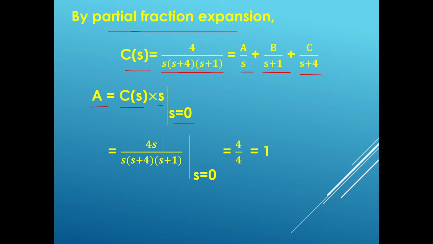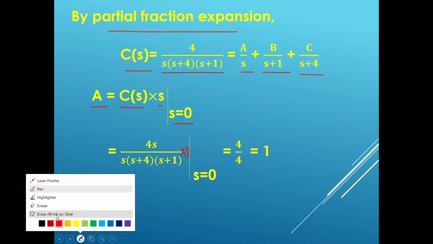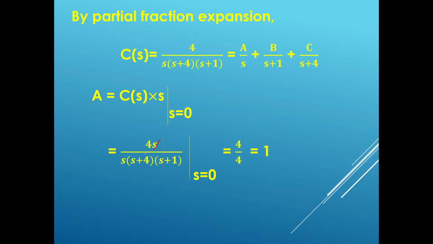C of s is 4 divided by s into s plus 4 into s plus 1, into s; I had written that s wrongly. Now this s and this s will cancel, and substitute s equal to 0.